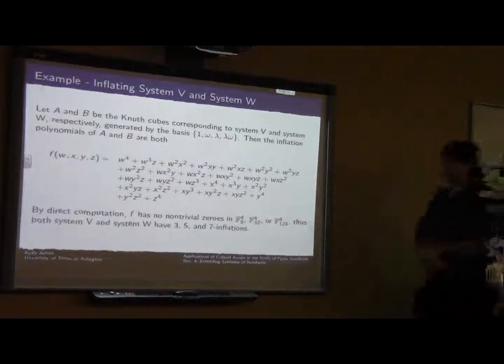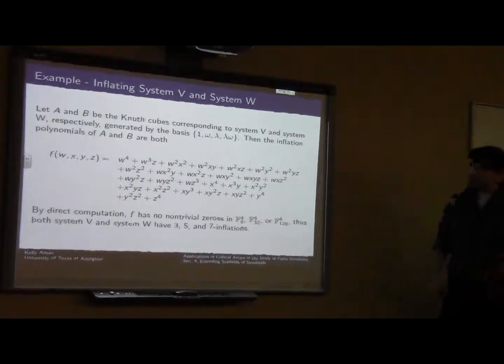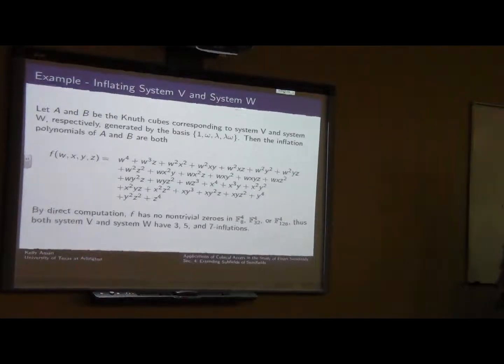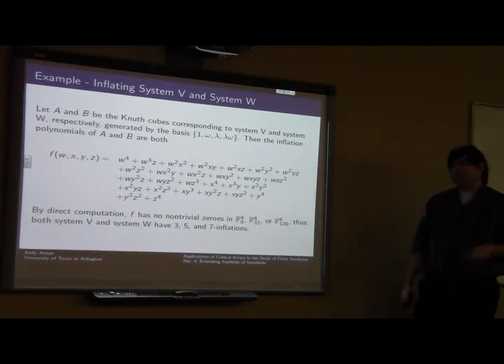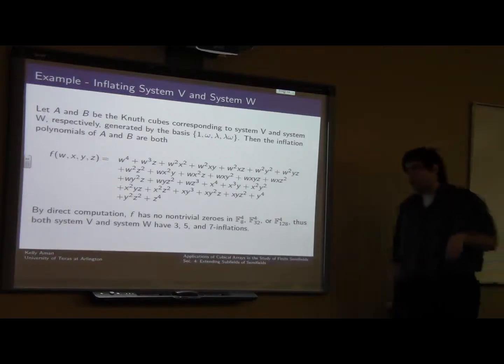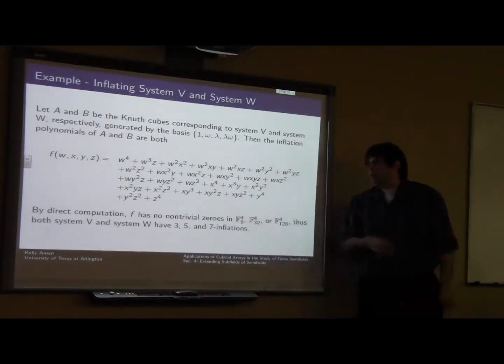Looking at system V and system W, the nice thing about this inflation polynomial is that, using the cubical arrays for system V and system W that I showed way back at the beginning, if you take their inflation polynomials, you get the same polynomial. So system V and system W are both going to either inflate or not, depending on whether this polynomial has roots in whichever extension field you're looking at. There's no easy way of solving this.